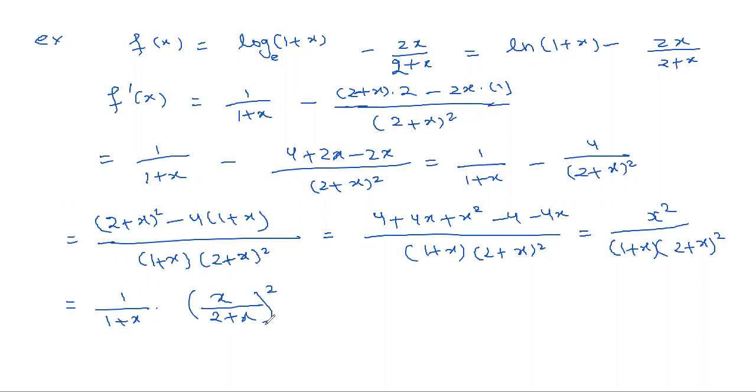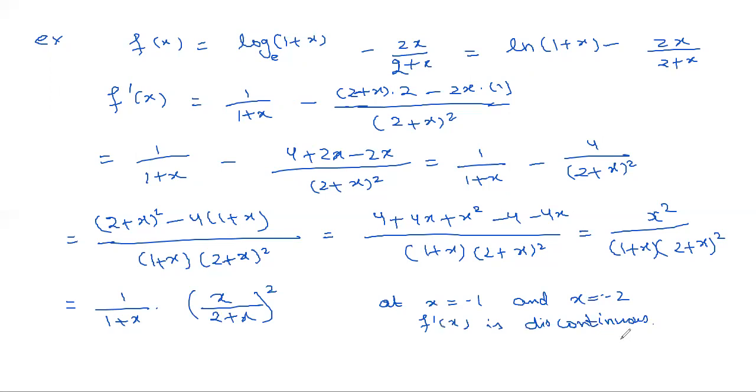It is obvious that the function is not defined at x equals to minus 1 and x equals to minus 2. f'(x) is discontinuous, so the interval should exclude these two points.